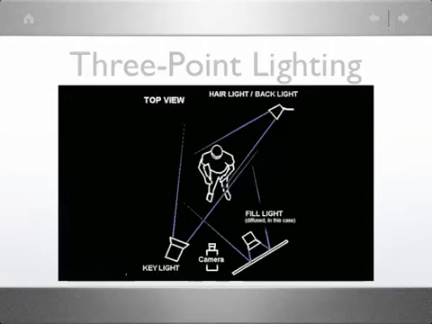That causes sometimes so much illumination on the front of the subject that the person sort of blends into the background a little bit. And so the backlight is used to create a little separation by putting a little bit of light onto their backside as well and separating them from the background.